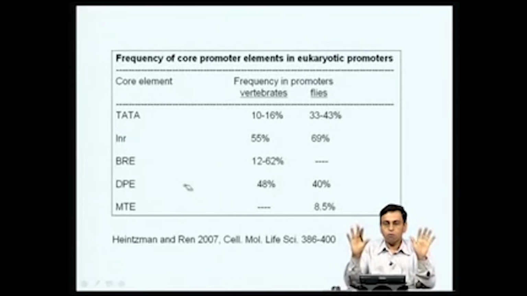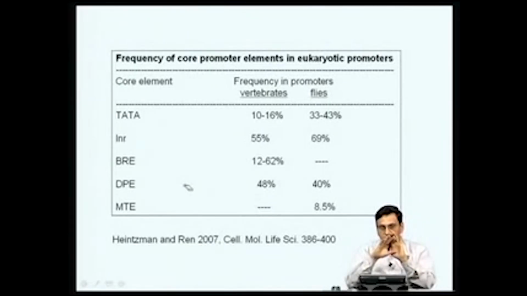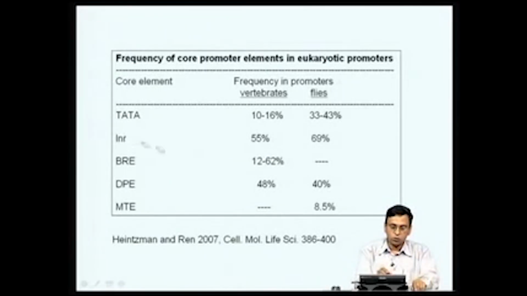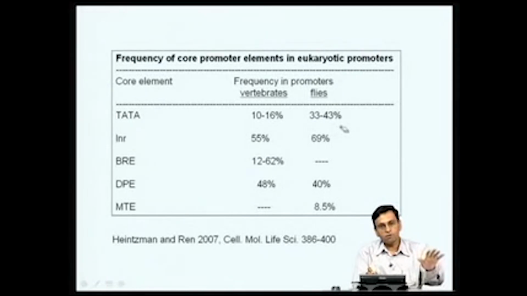So, the summary of what I am going to tell you today is this. There are a number of variants of the core promoter elements. So, do not think the Tata box is the only core promoter element which is present in all eukaryotes. The Tata box is actually present only in about 10 to 16% of the vertebrate promoters and about 33 to 40% of the promoters of flies like Drosophila. So, there are many promoters which do not contain a Tata box.